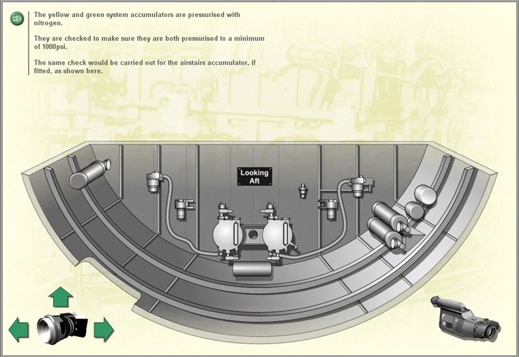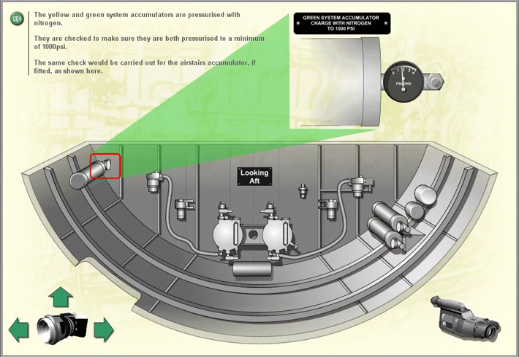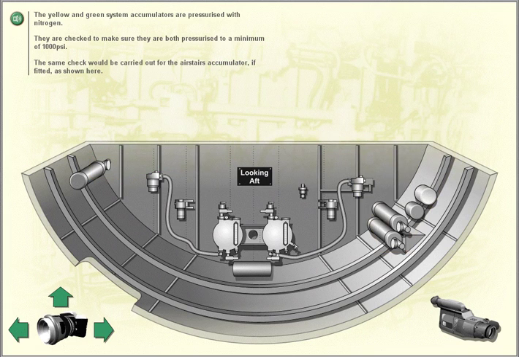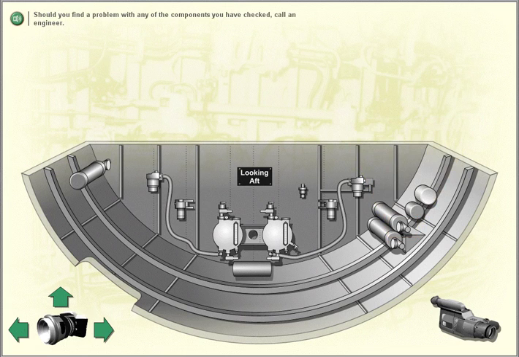They are checked to make sure they are both pressurized to a minimum of 1000 psi. The same check would be carried out for the air stairs accumulator if fitted, as shown here. Should you find a problem with any of the components you have checked, call an engineer.